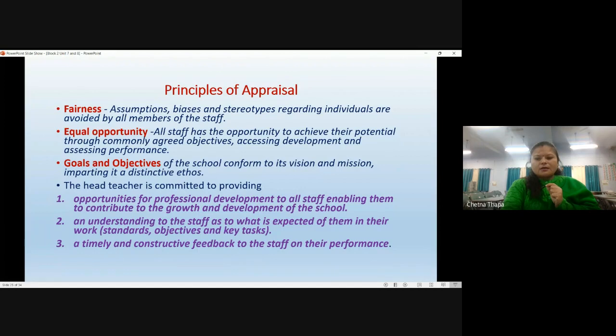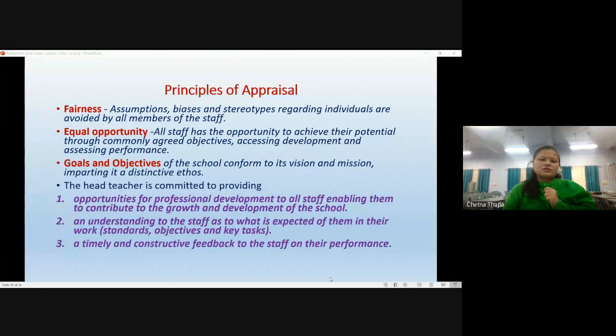All right. So the various principles of appraisal include fairness, that there should not be any kind of assumptions, there should not be biases or stereotypes regarding the individuals by the senior teacher.